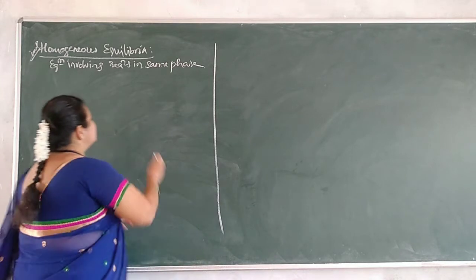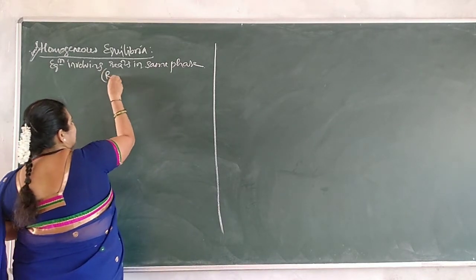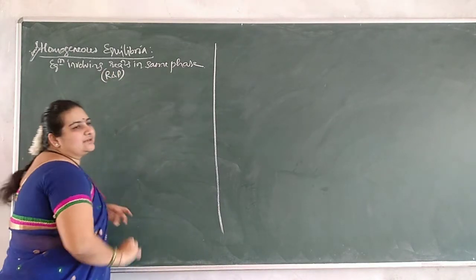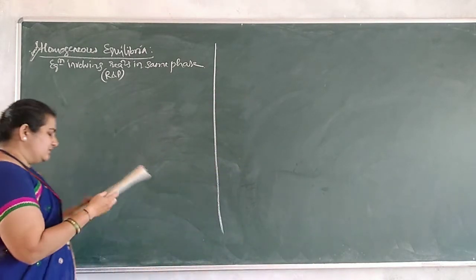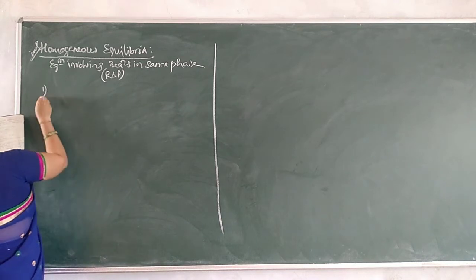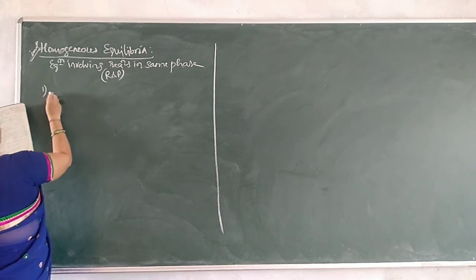That is, when all the reactants and products are in the same phase, it is called a homogeneous equilibrium. So here we will give some examples of homogeneous equilibria.